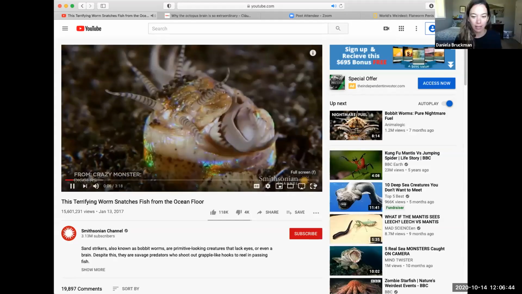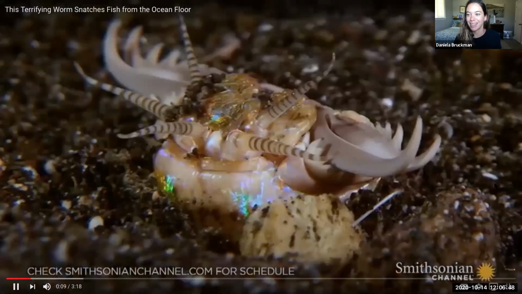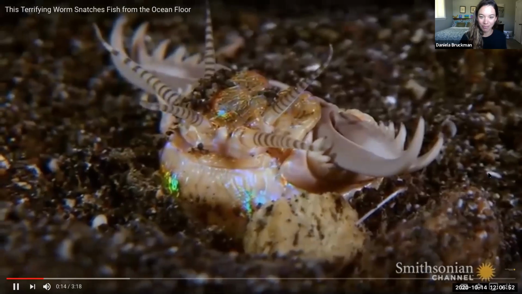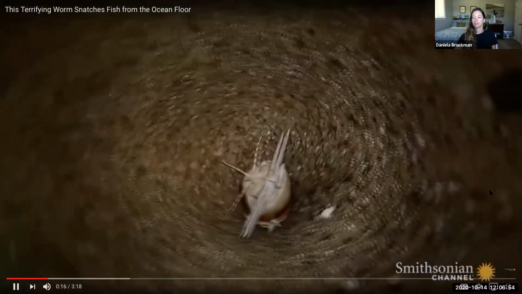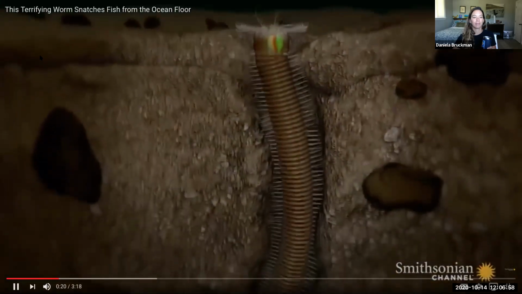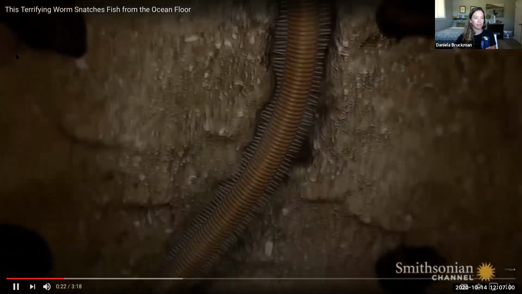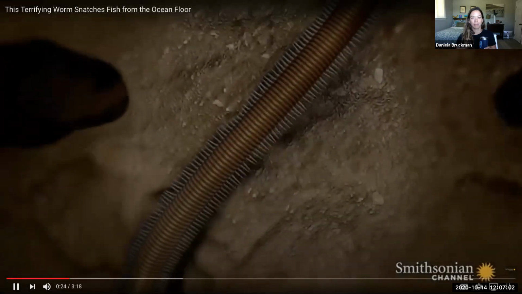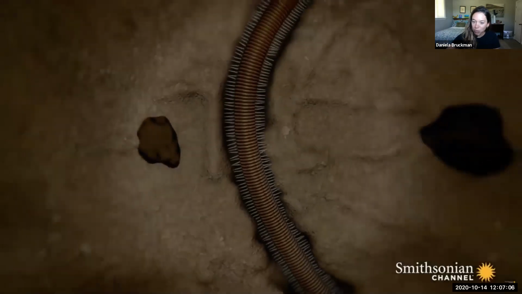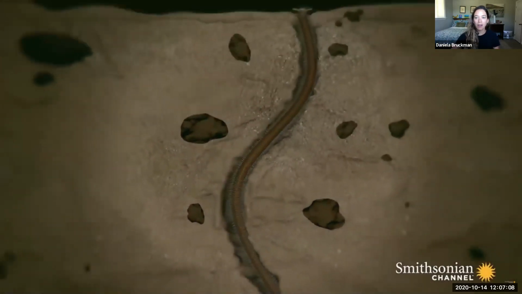Deep on the ocean floor, the sand striker, or bobbit worm, waits, with multiple mouth parts displayed. Bone-hard grappling hooks, poised to pierce and immobilize prey. But the real nightmare remains unseen. Coiled, pent-up aggression as long as an arm. And some specimens grow to twice the length of a man.